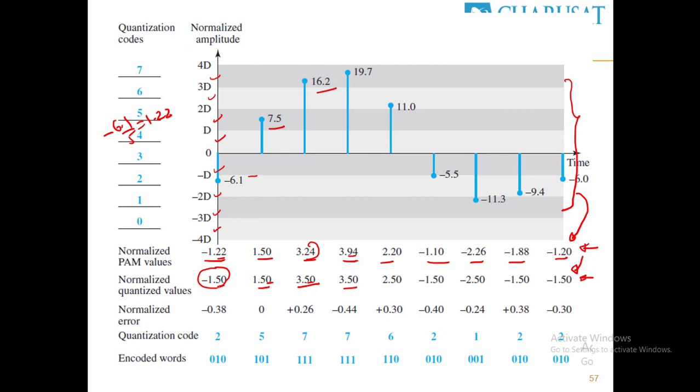If we subtract the normalized quantized value from the normalized PAM value, we get the normalized error. So for every sample we get the normalized error. And then there is the quantized code related to each zone. This falls under zone number 2, so zone number 2 has the combination 0, 1, 0. In the same way, zone number 5 is 1, 0, 1, and so on.